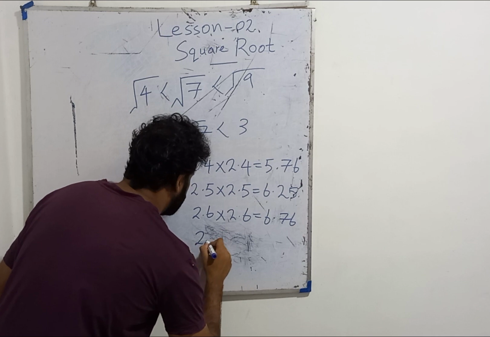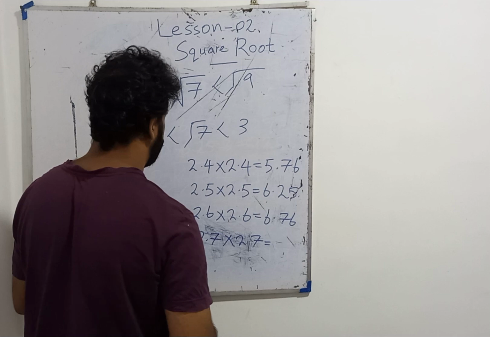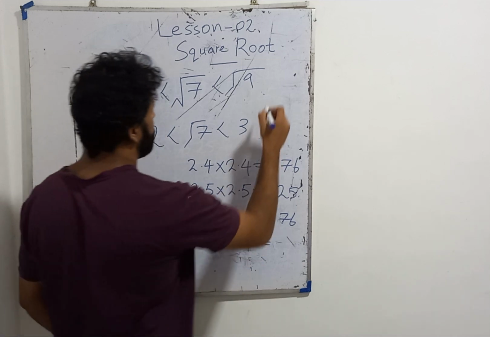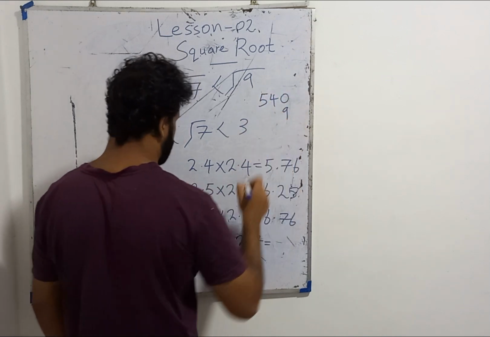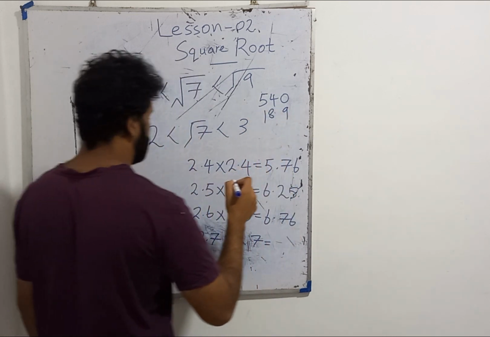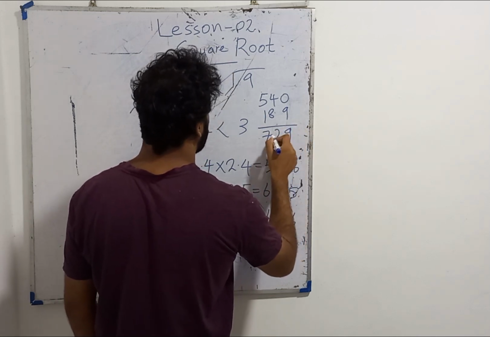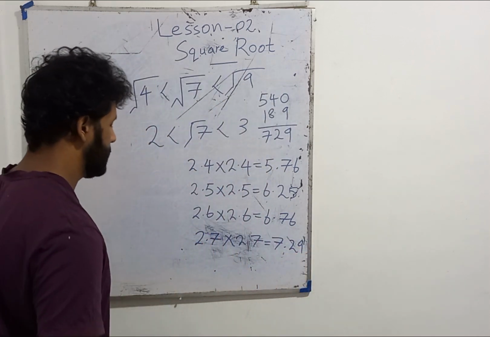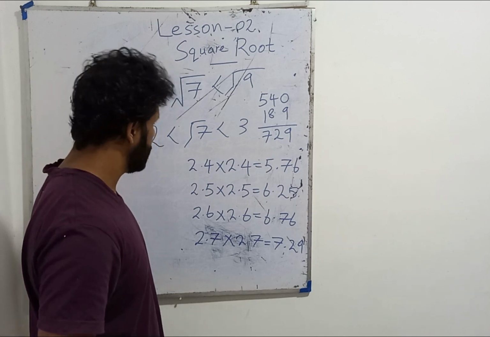Let's go a little bit further. 2.7 into 2.7, let's take. Very easy again. This is 540. Okay, 9, 7.29. Okay, 7.29.